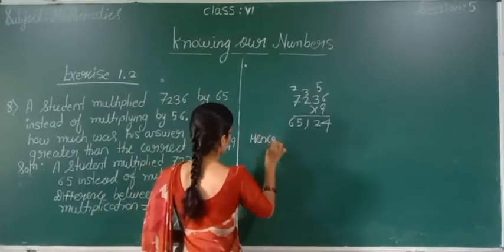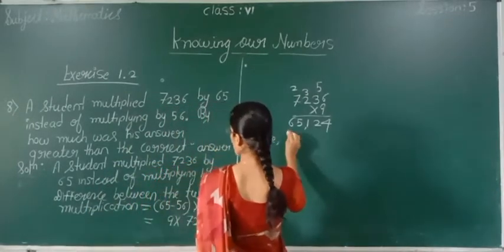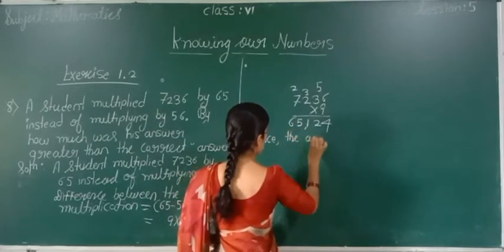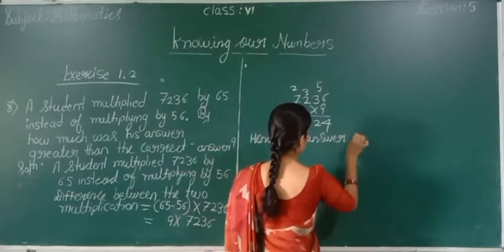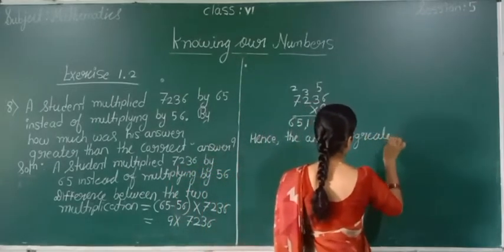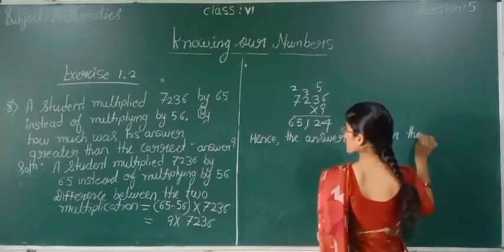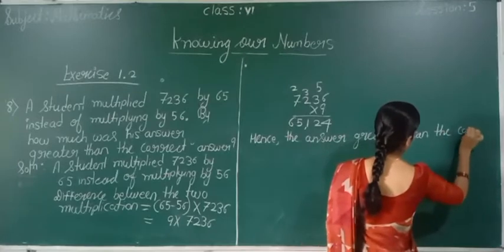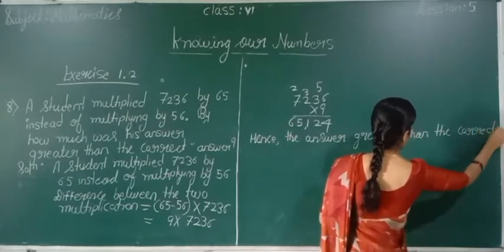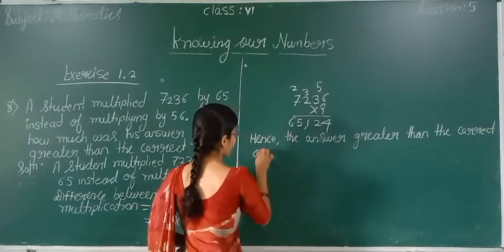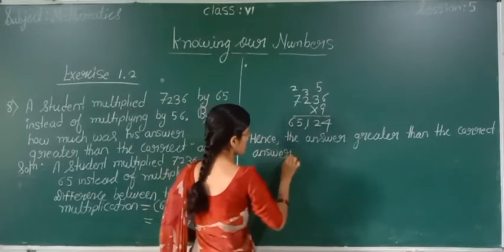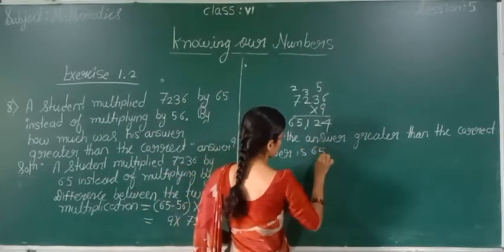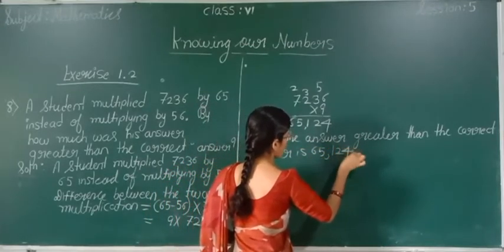Okay, what can we write? Hence the answer greater than the correct answer is 65,124.